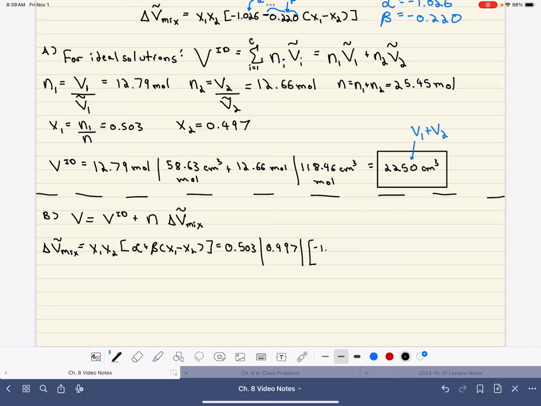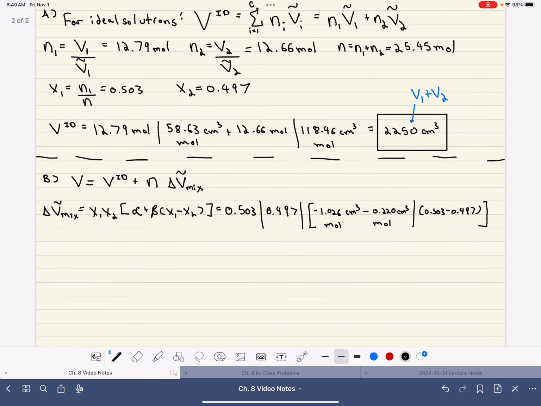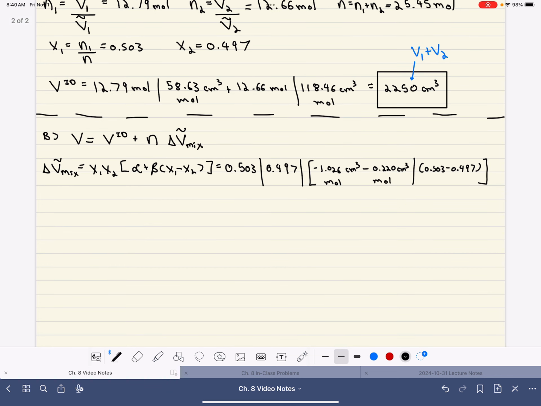Negative 1.026 centimeters cubed per mole minus 0.220 centimeters cubed per mole, times 0.503 minus 0.497. And so our delta V mix, which once again describes the non-ideality of the mixture, is negative 0.257 centimeters cubed per mole.